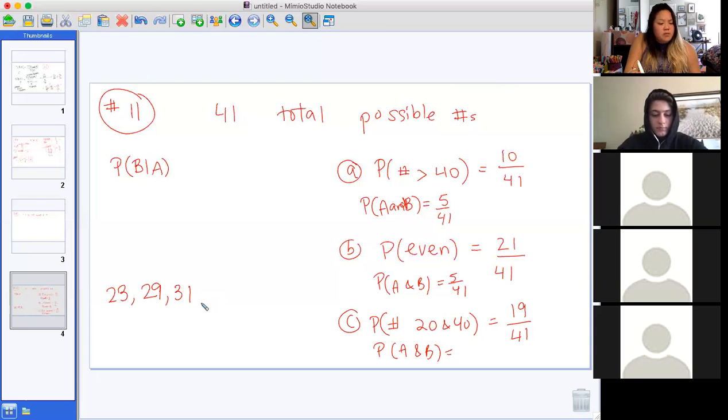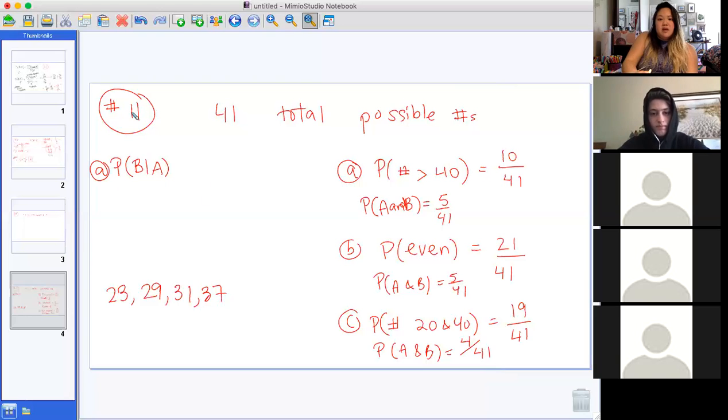Is 37 prime? 37 is prime. 39 is not prime. That's the one. 39 is 13 times 3. Right? Yeah, 13 times 3. So these are the only 4 prime numbers. So the probability of A and B for C, between 20 and 40 but also prime, there's only 4 of them. 4 out of 41. So now we can put them all together.